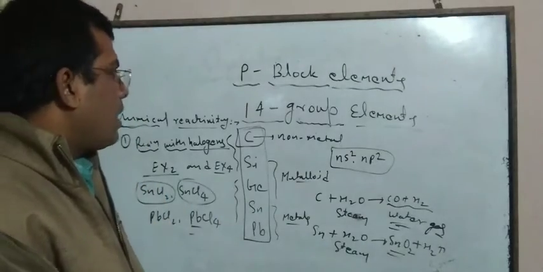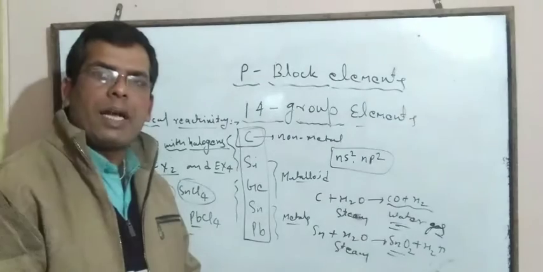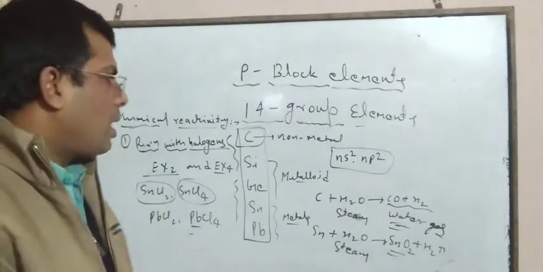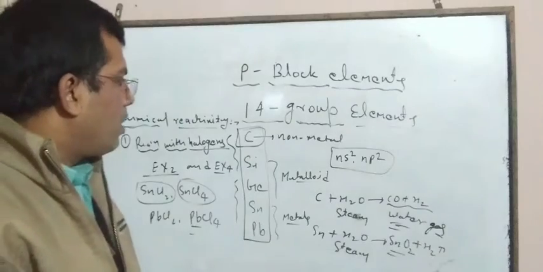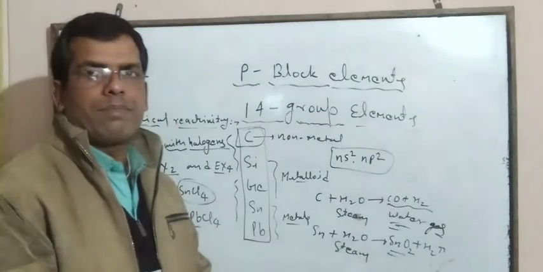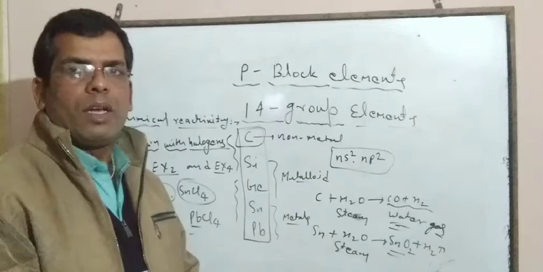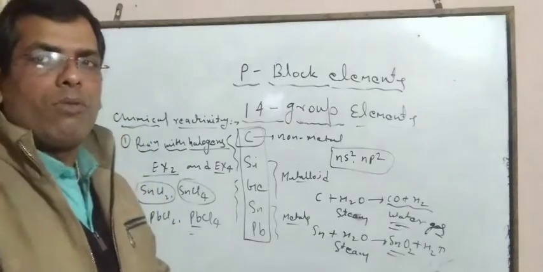Carbon has the catenation property, whereas other elements of group 14 do not have catenation property. It has a high value of catenation.